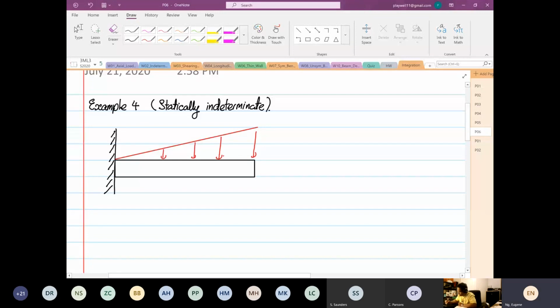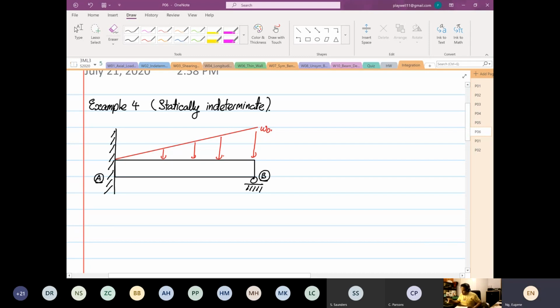So this is omega naught. This is point A. This is point B. And then at point B, we have an extra support. That is totally not necessary.